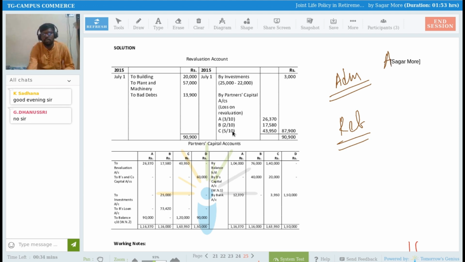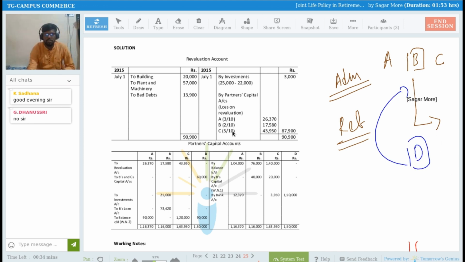Originally there were three partners: partner A, partner B, and partner C. Partner B is retiring from the business, and after B retires, partner D is coming into the business. So whatever capital account you prepare, you have to prepare for four partners: A, B, C, and D.